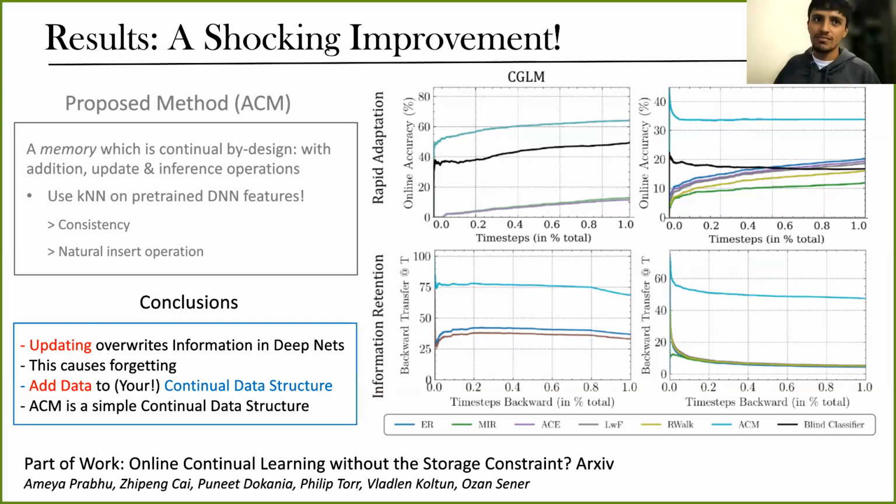We can replace this by having a separate continual data structure, which is not the deep network, where we can update, accumulate knowledge, and predict using this knowledge. What we propose is a very simple data structure, which is KNN. We can do better than KNN, but I think this is a promising first step to take in this direction.